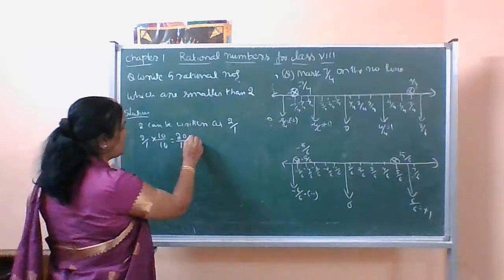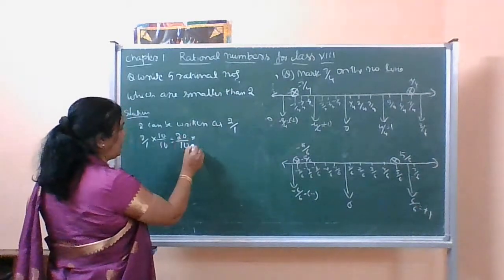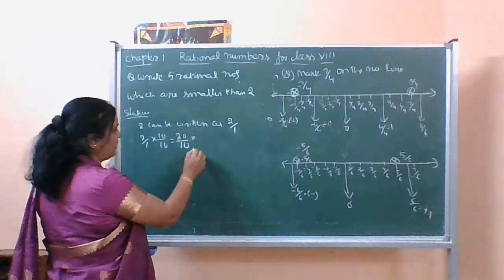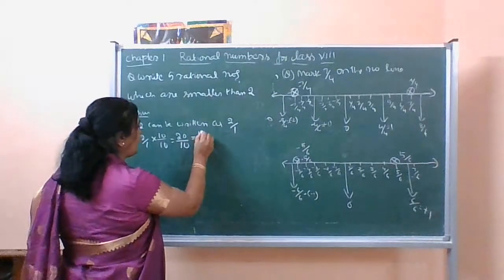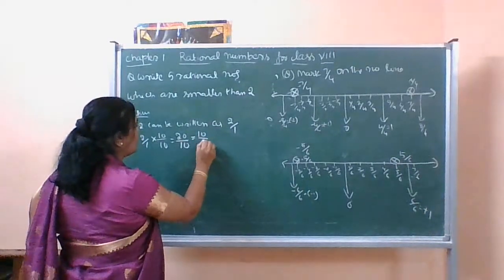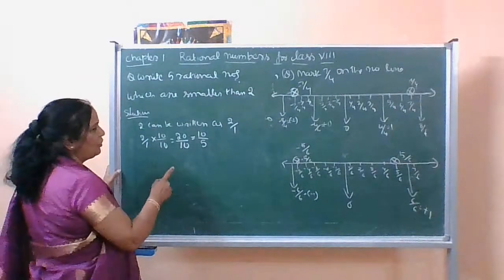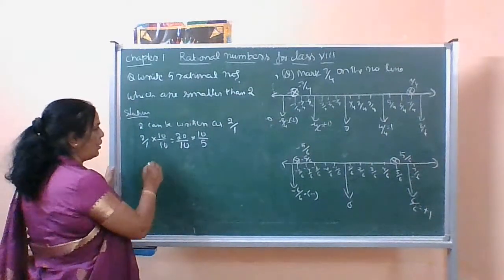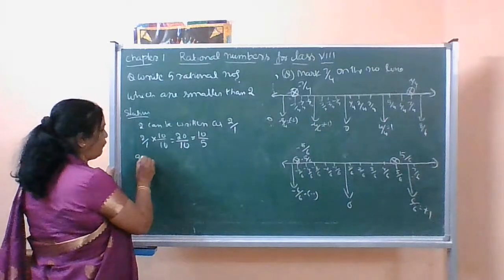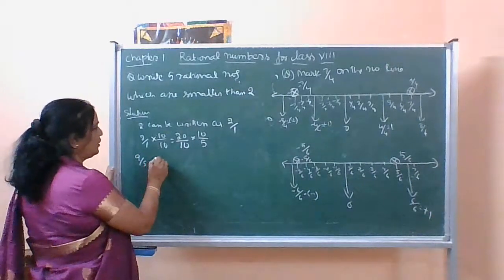Since it is 20 by 10 and both are divisible by 10, this can be written as 2 tens and 2 fives. Therefore, the rational numbers less than 2 are 9 by 5 and those less than that.